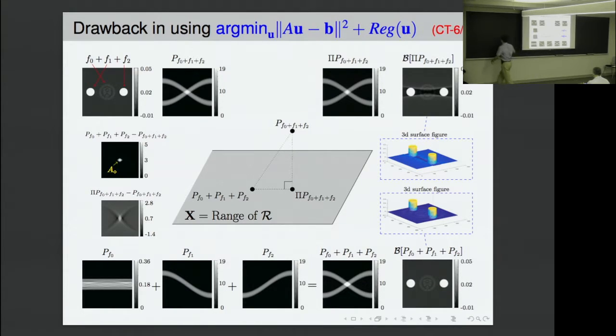But the problem is this. In order to solve Ax = b, the major problem is that you take the transpose on both sides. This is a major problem in the method. My student found that originally the data contains error only in this small region. But once you project onto the range space, the artifact is spread all over the place.